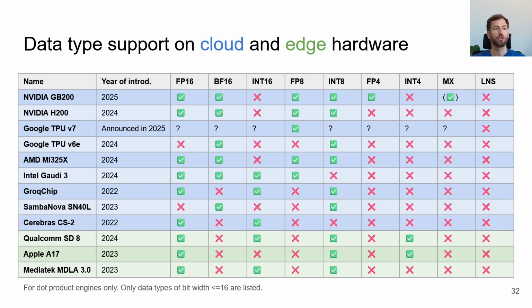And only the newest generation of NVIDIA hardware supports microscaling data types. Also note that there is no clear preference for floating point or integer support in this table. However, the newest generation of Google GPU adds a support for floating point 8, which might give an indication.